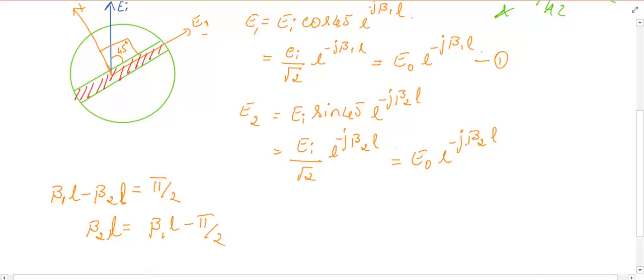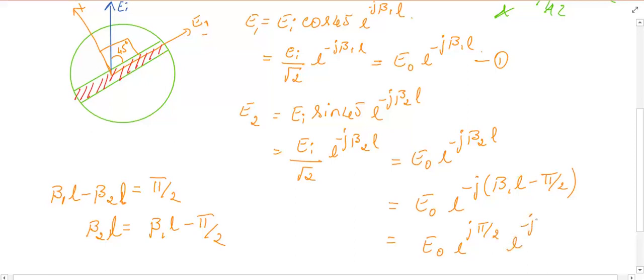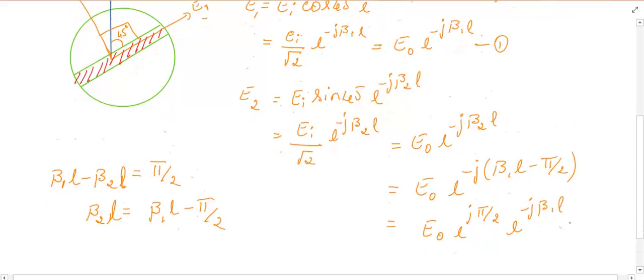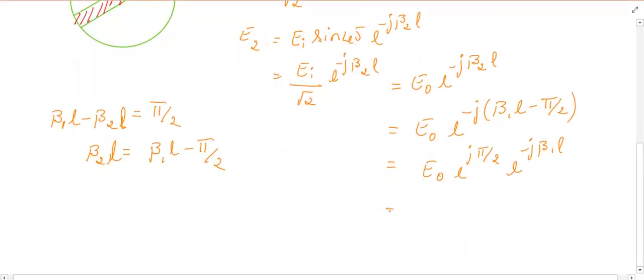Yes, let us substitute that in the expression. So this equation can be written as E naught e to the power minus j beta 2 L, which is nothing but beta 1 L minus pi by 2. If I split this, I can write it as E naught e to the power j pi by 2 as one term, another term is e to the power minus j beta 1 L. What is e to the power j pi by 2?